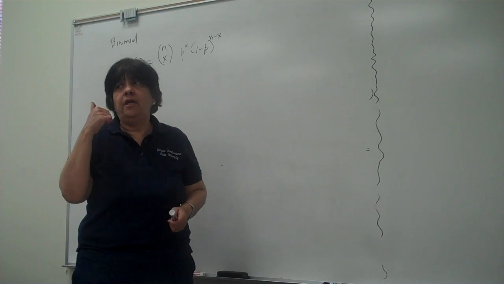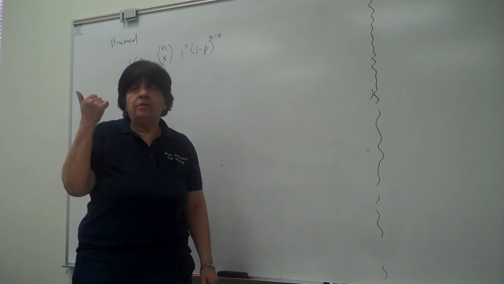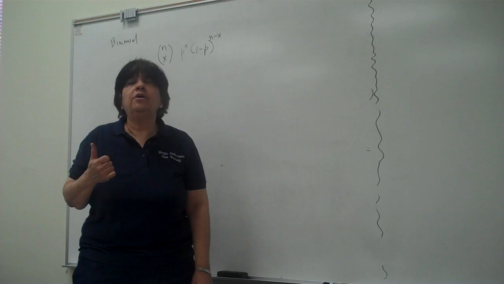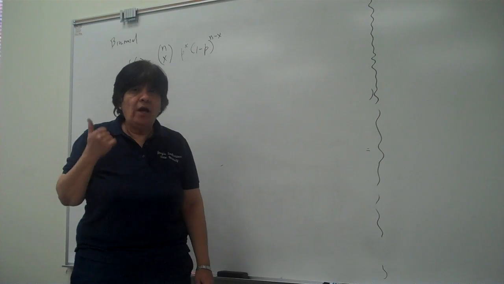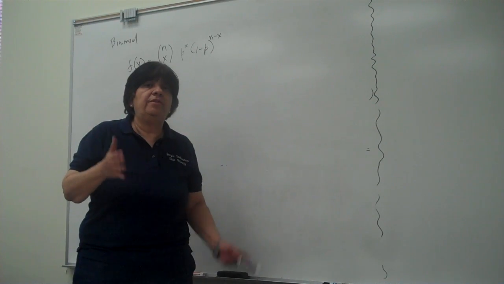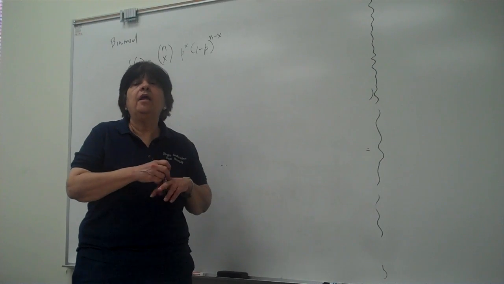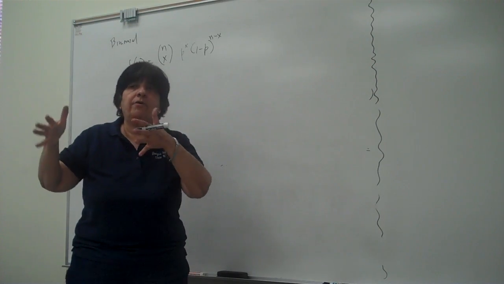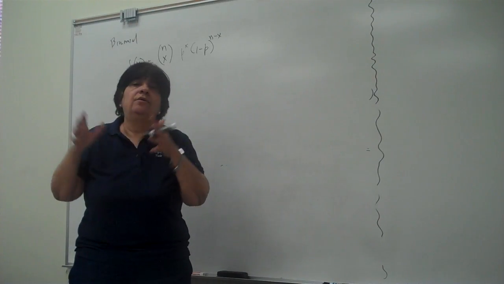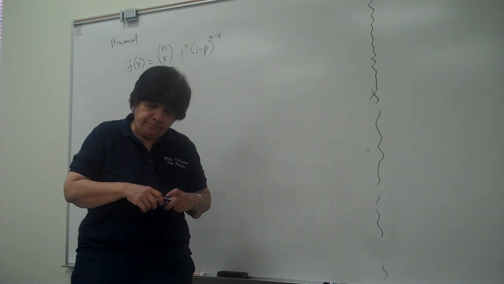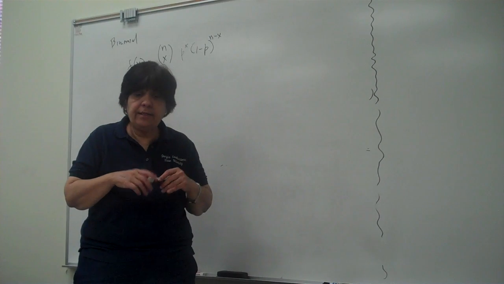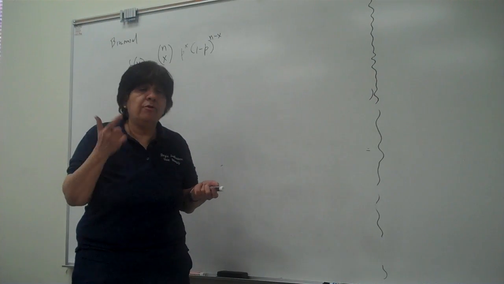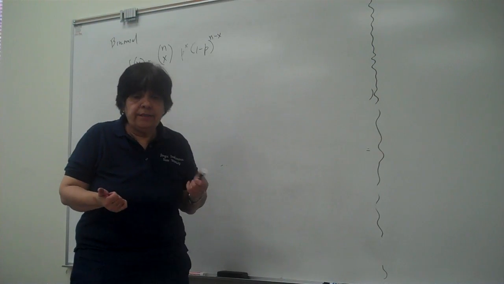The other probability distribution, the other discrete probability distribution, is the Poisson, which deals with the number of occurrences in a particular time period or distance or area or whatever. And again, it's pretty easy. For both, you have tables, and that's it.